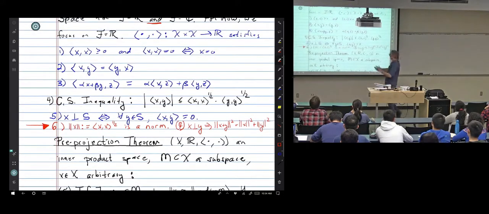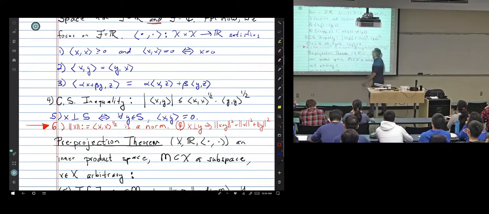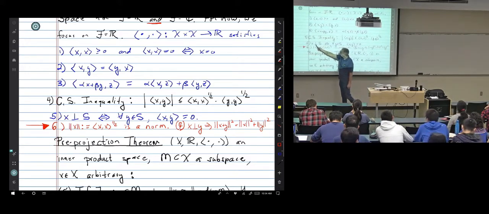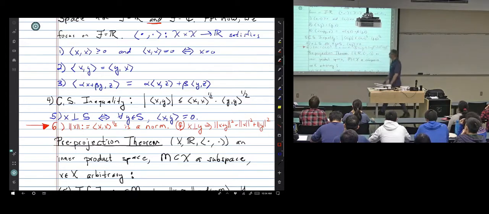Then once again, the only angle we are defining is a right angle, or being orthogonal, and that just means the inner product is zero. Okay? And X is orthogonal to an entire set if it's orthogonal to every element of the set.